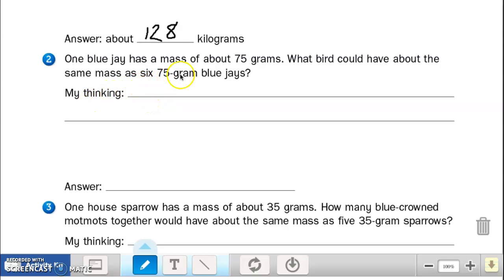But let's think about this. Basically we're thinking 75, and they want to know 6 of those. So you could go 75 plus 75 plus 75, 6 times. Or I could break apart 75 into 70 and 5. 70 times 6.